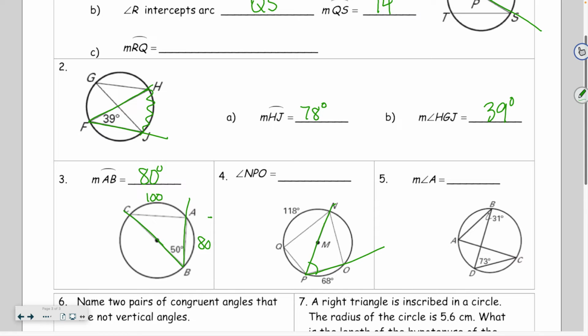I'm talking about 118. It's 112. 112 because P all the way to N is a semicircle, right? Yes? So angle NPO is half of that, which is 56. Did we need 118? No.